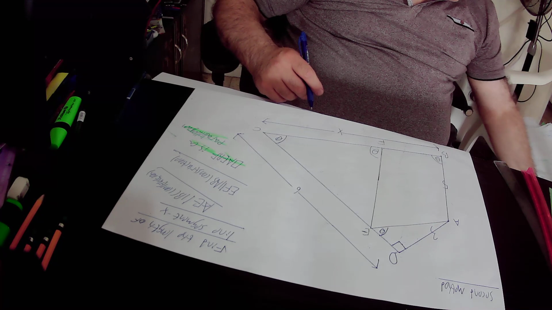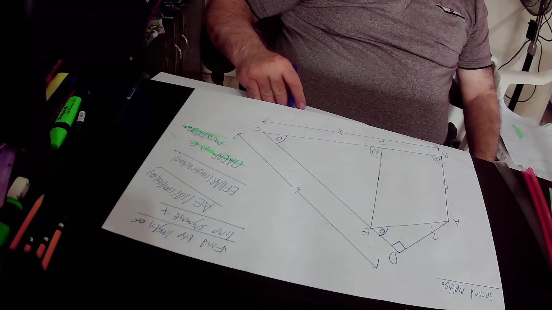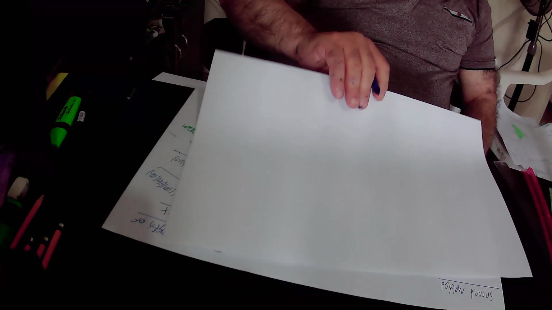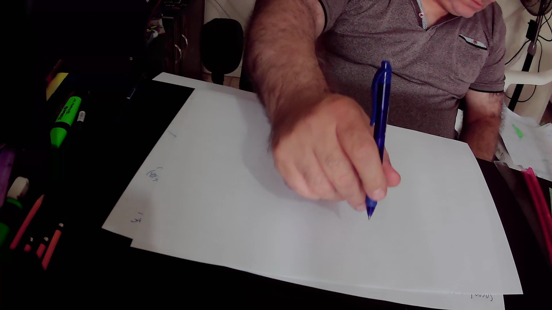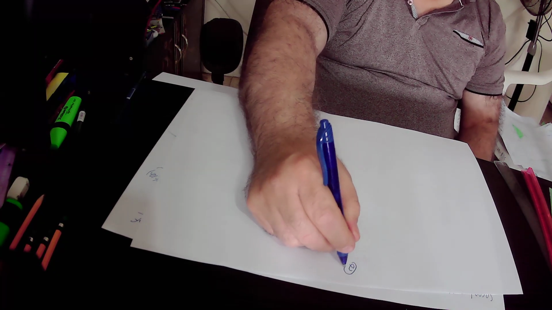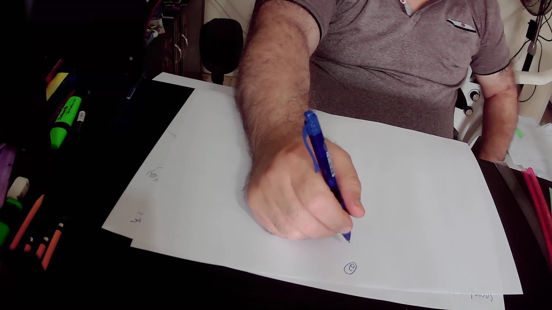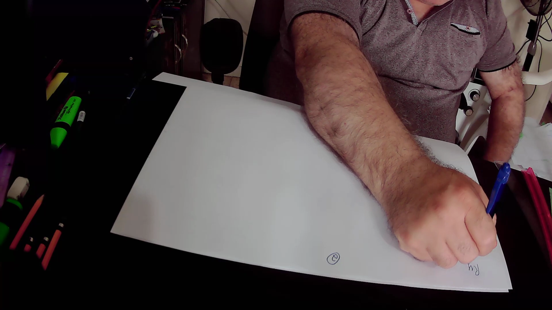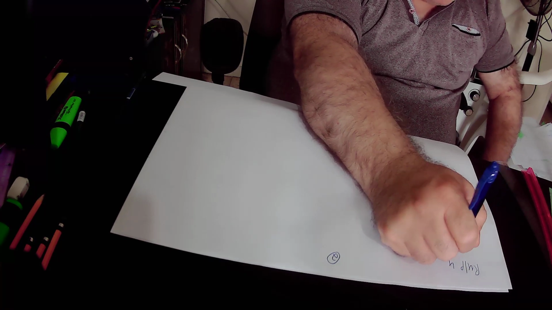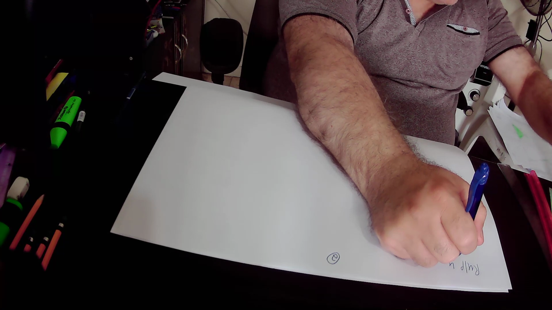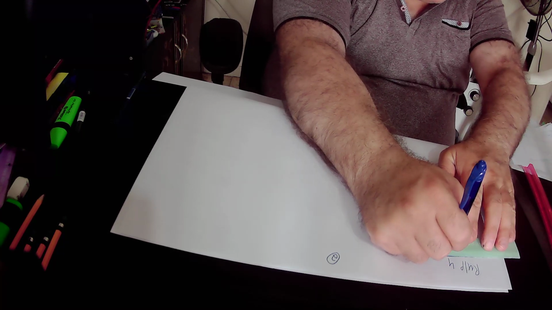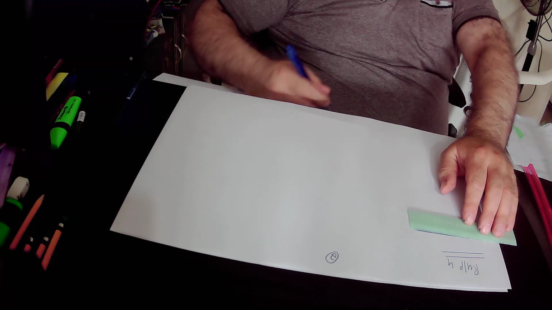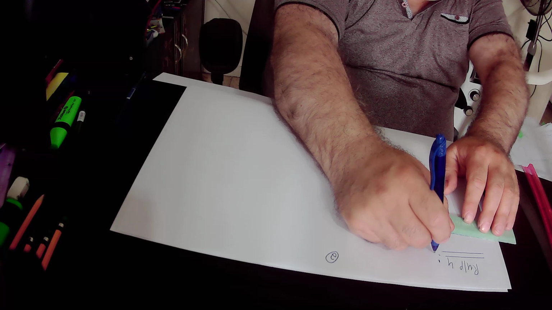In the next step, I will present to you a new rule, that is rule number 4. According to rule number 4, the opposite sides of a parallelogram are equal to each other. I'll write it down.